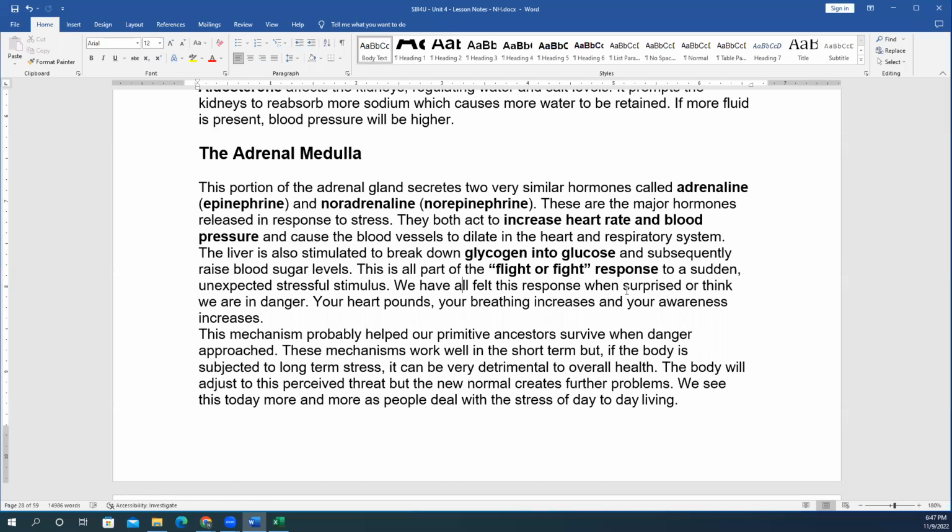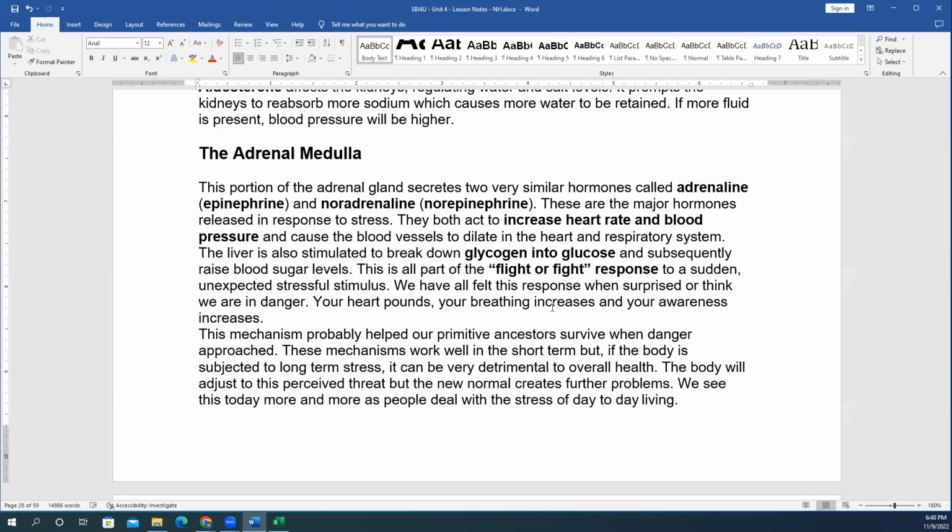But in the cases where you have somebody who has been subjected to long-term stress and is constantly under this production of epinephrine and norepinephrine in response to stress, it can be very detrimental to the overall health.